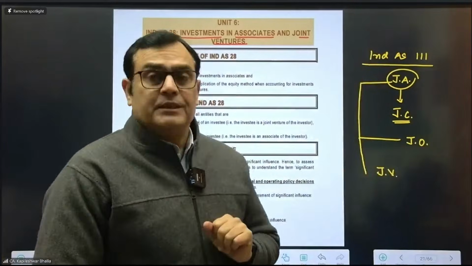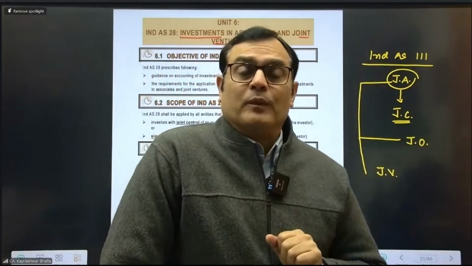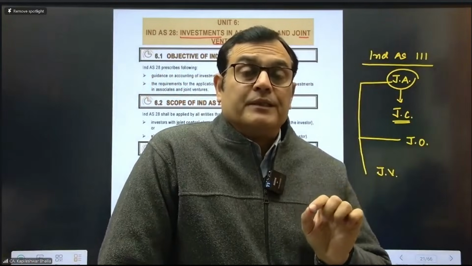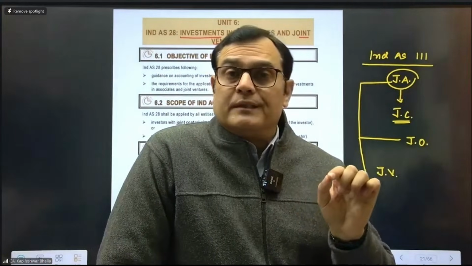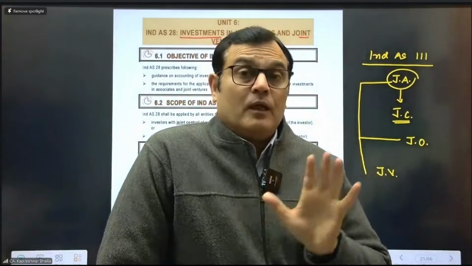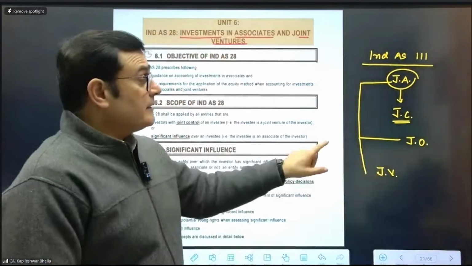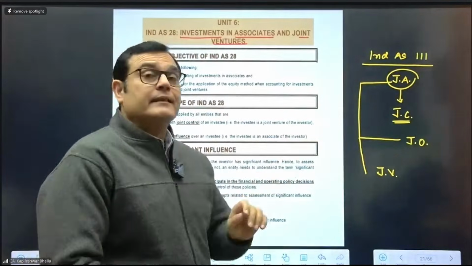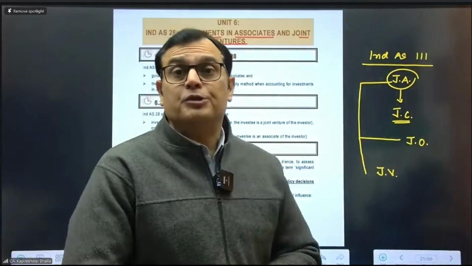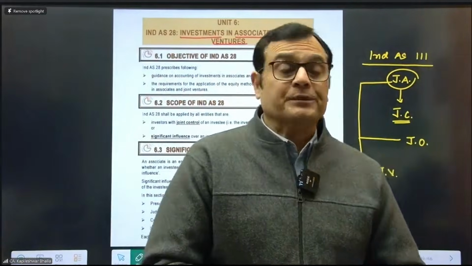That means in terms of applying Ind AS 111, the stage number 1 is that you evaluate whether it is a joint arrangement. Once you evaluate and say, yes, it is a joint arrangement, the next stage is to segregate that: is it a joint operation called a JO or is it a joint venture?